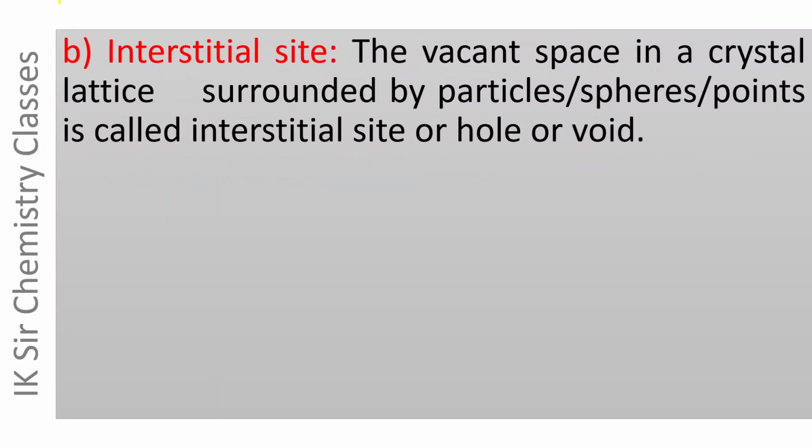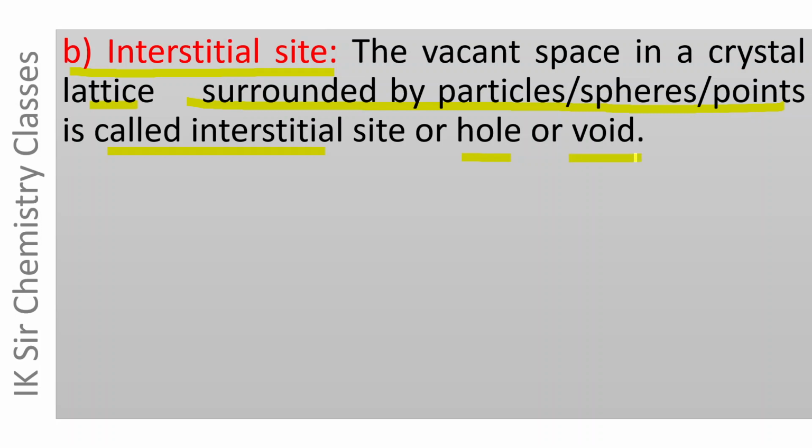And the second component of crystal lattice is interstitial site. The vacant space in a crystal lattice which is surrounded by particles, that is spheres or points, is called interstitial site or hole or void.